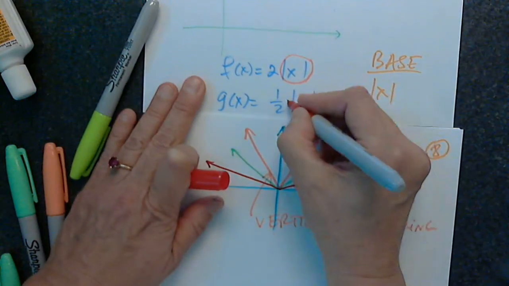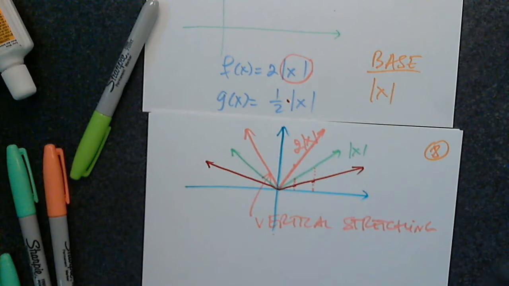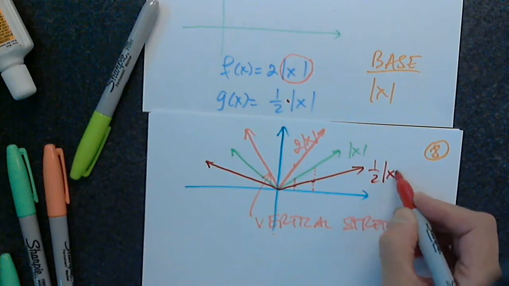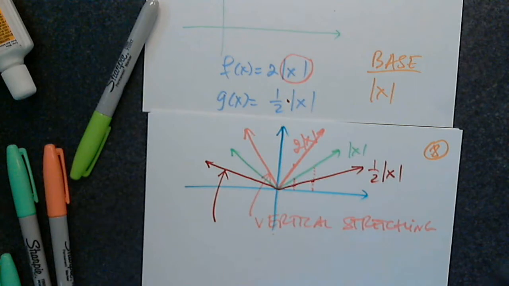But because it's multiplication, otherwise it would have been a symbol in there. If there is no symbol, it must be product. Very good. So this is 1/2 the absolute value of x. So what will the red graph represent? It's still a vertical, but it's not a stretching, but a, yes, a shrinking. Vertical shrinking.